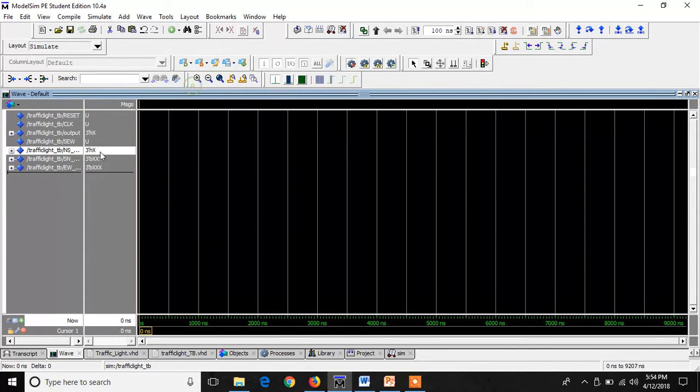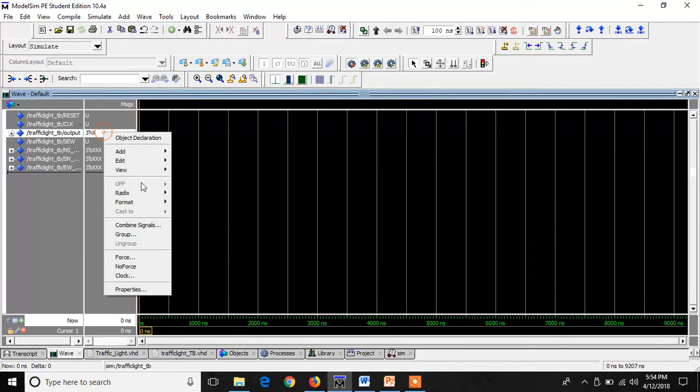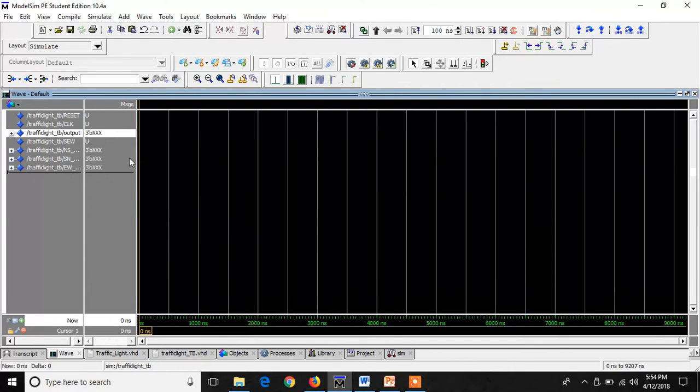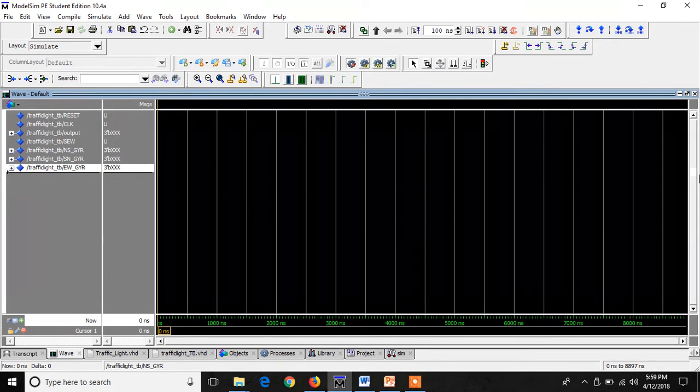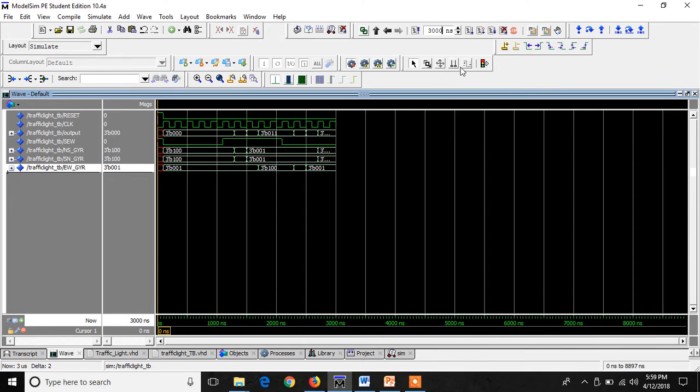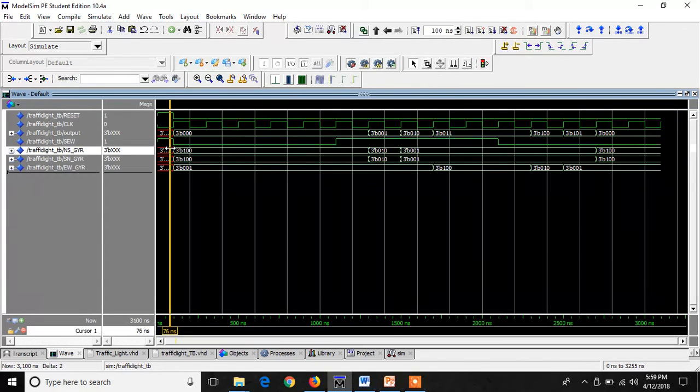I'll make these binary so we can see exactly which lights are on and which state we're in. So I'm just going to run the simulation for about 3,000 nanoseconds. Running for 100 more. Okay, and make it full screen.